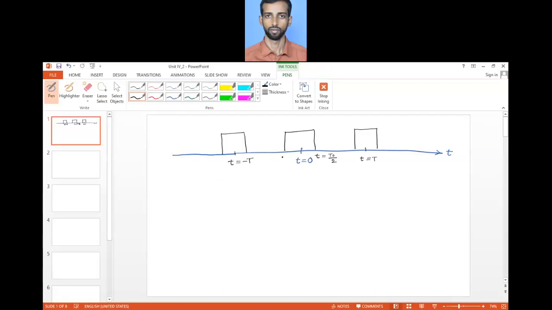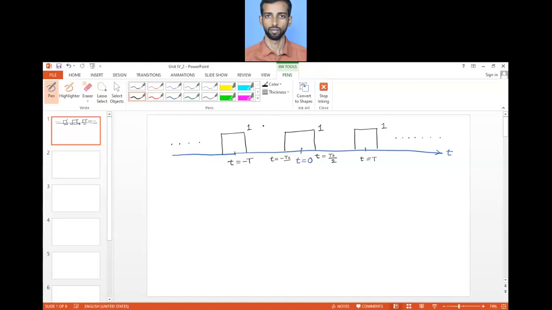This value corresponds to t is equal to minus T0 by 2. So what we find is that this particular square wave continues towards the positive time axis in this direction, and this continues towards the negative time axis. And suppose this height is equal to unity everywhere. This is 1, this is 1, this is 1.